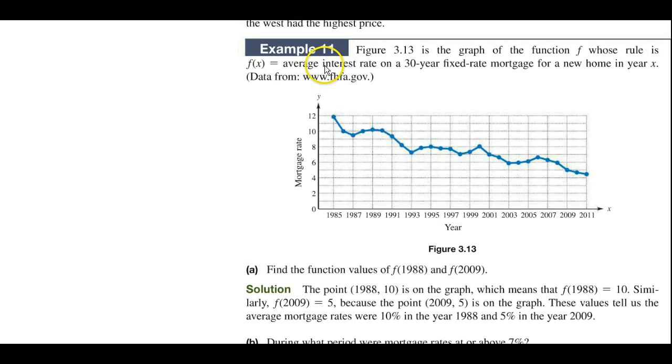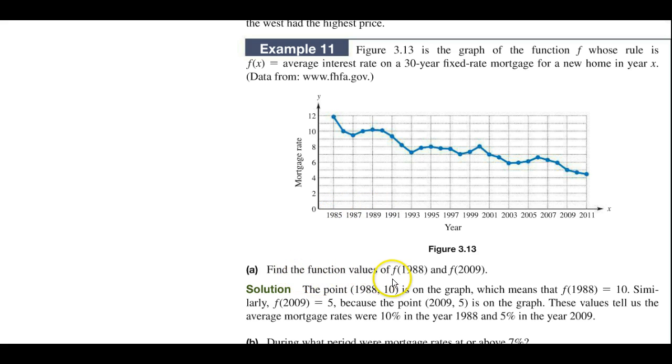So in example 11, once again, we're going to take a look at this graph, and this indicates the mortgage rates, and we see a steady decline of what is shown here. It starts in 1985, and these are 2 years apart, so we have to estimate here between the lines.